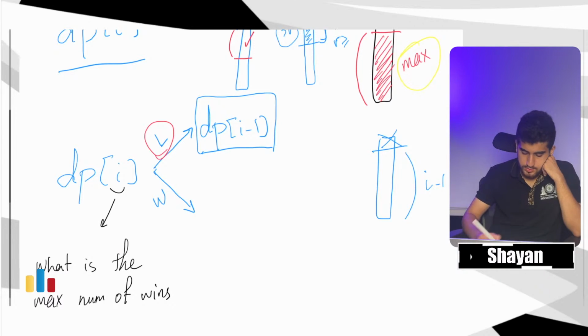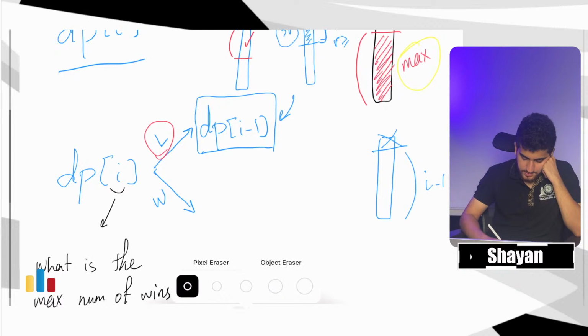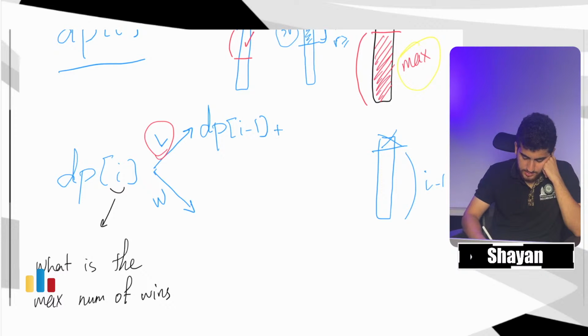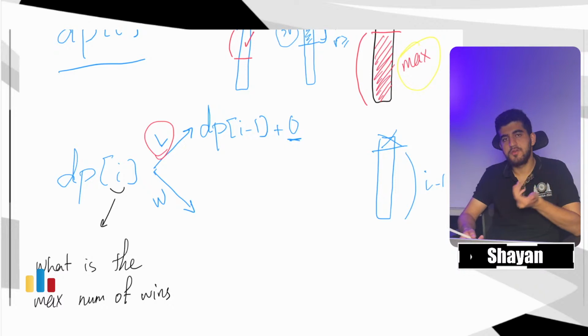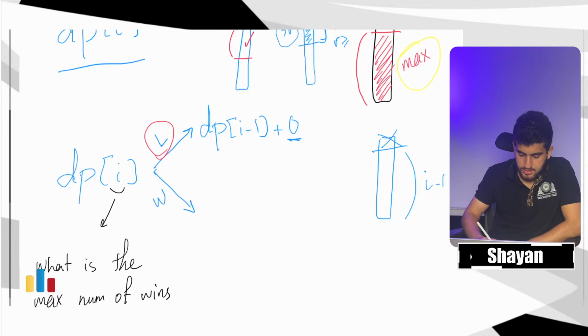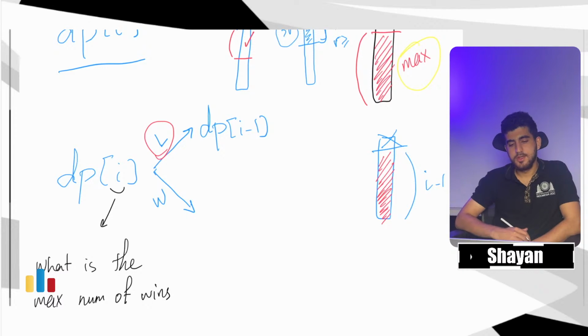So I'm going to go to dp of I minus 1. It's just dp of I minus 1 plus 0, because I've won no rounds here. My score from it was 0. I do not win anything. And then I move on to dp of I minus 1, because now I minus 1 cards are left, and I need to maximize the number of wins there. So if I'm going to lose the first round, I'm going to go to dp of I minus 1.